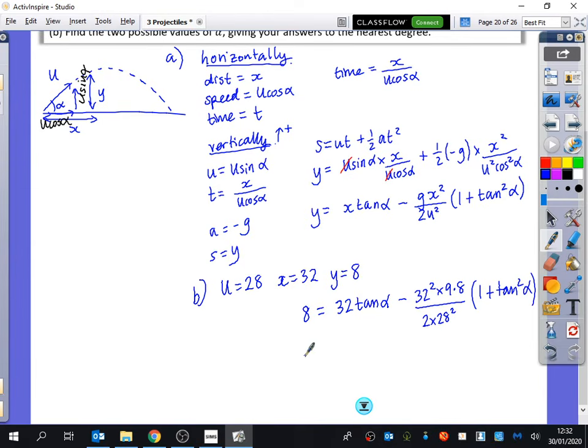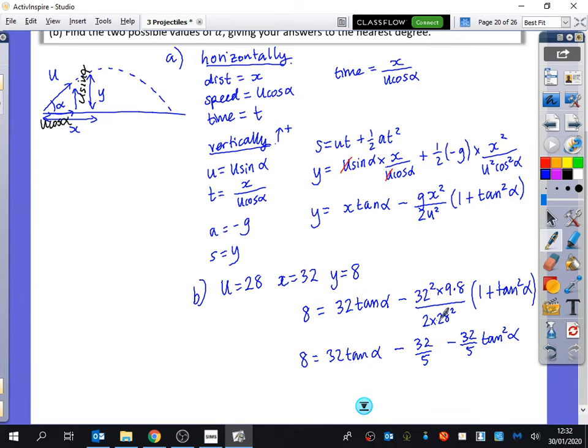Looks like it's going to be a pseudo-quadratic, so I get 32 tan alpha. Now this thing here, 32 squared times 9.8 divided by 2 times 28 squared is very generously 32 over 5, which is just ideal. So you get 32 over 5 multiplied by 1 multiplied by tan squared alpha.